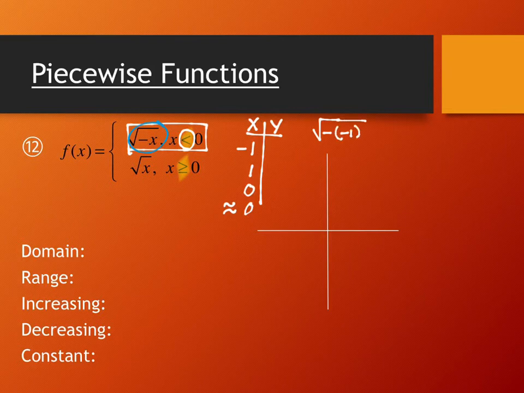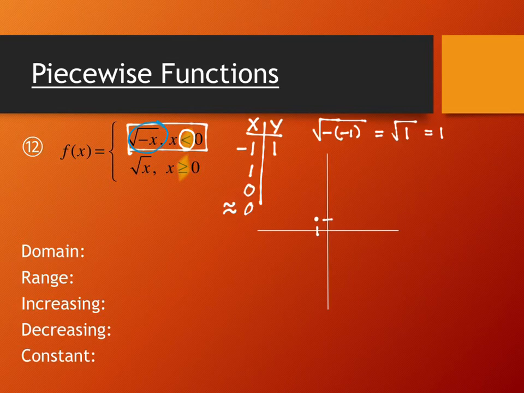There's two negatives there because I'm in the first equation, because -1 is less than 0. The opposite of -1, or negative and negative, is a positive, and the square root of 1 is 1. So I get the ordered pair -1, 1. It's approximately, but we'll get there in a minute.